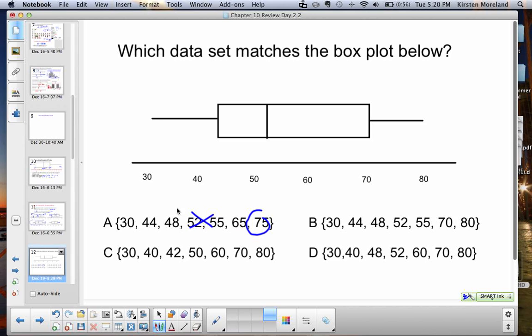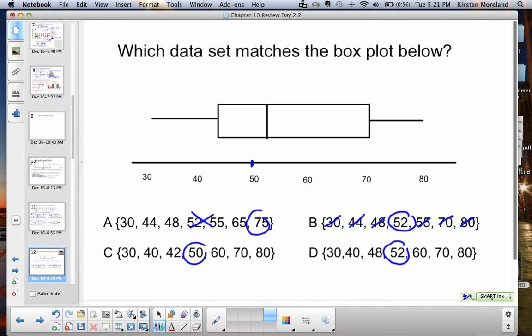So now I have to look at the mins, and it looks like the minimums are all 30, so that won't help me. So now I need to go to find the median. So the median of this one is 52. That looks good. And the median of this one is 52. That looks good. This one is 50.